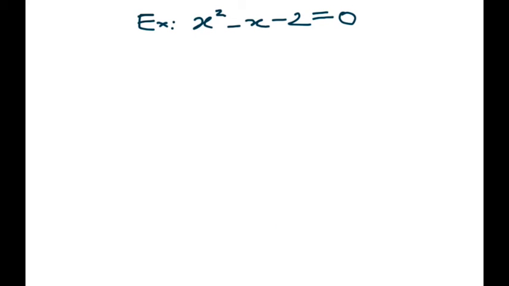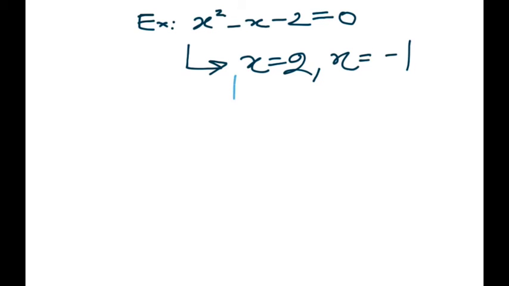Let's take one example: x square minus x minus 2 equals 0. If we solve this, and we'll talk about how we solve a quadratic equation in the next video, x equals 2 and x equals minus 1 are the roots of this equation. So the graph will look something like this.